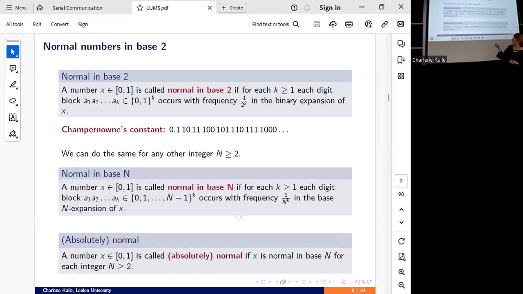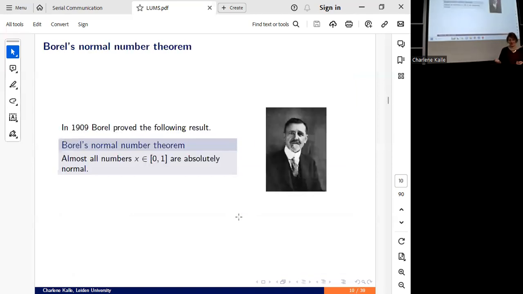So to write an example here is not so doable. But despite that, Borel already showed in 1909 that almost all numbers have this property.